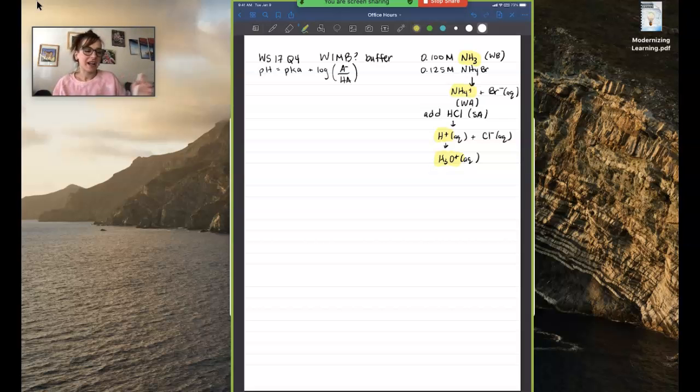We can now apply Henderson-Hasselbalch to this actual buffering system, and we need the weak base on top, ammonia, over the weak acid. It's important that not only do you use the Henderson-Hasselbalch, but you know how to apply it to differing buffering systems. So this is an ammonia-ammonium buffer.